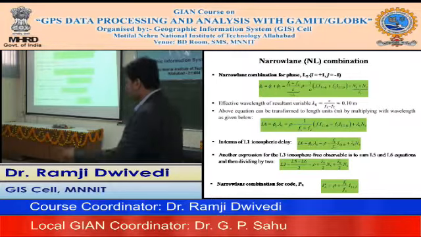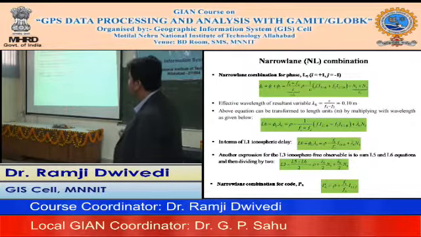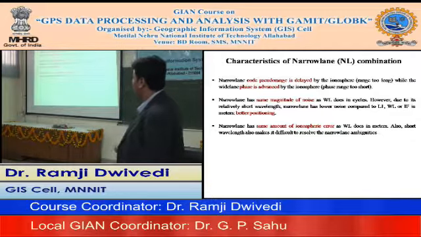So again, simply P5, P6, and narrow lane pseudoranges are delayed by the ionosphere, while the wide lane phase is advanced by the ionosphere. Similar for the term. And narrow lane has the same amount of ionospheric effect as WL does in meters. Also, the short wavelength makes it difficult to resolve the narrow lane ambiguities.